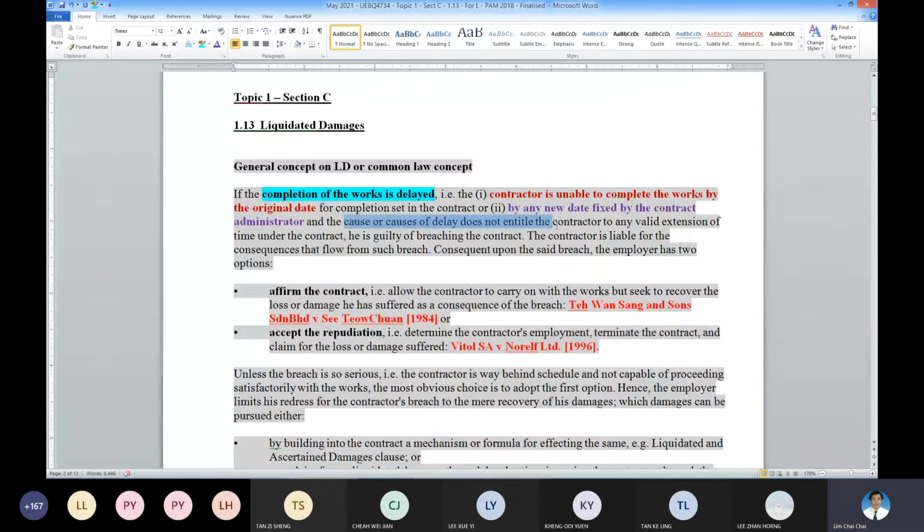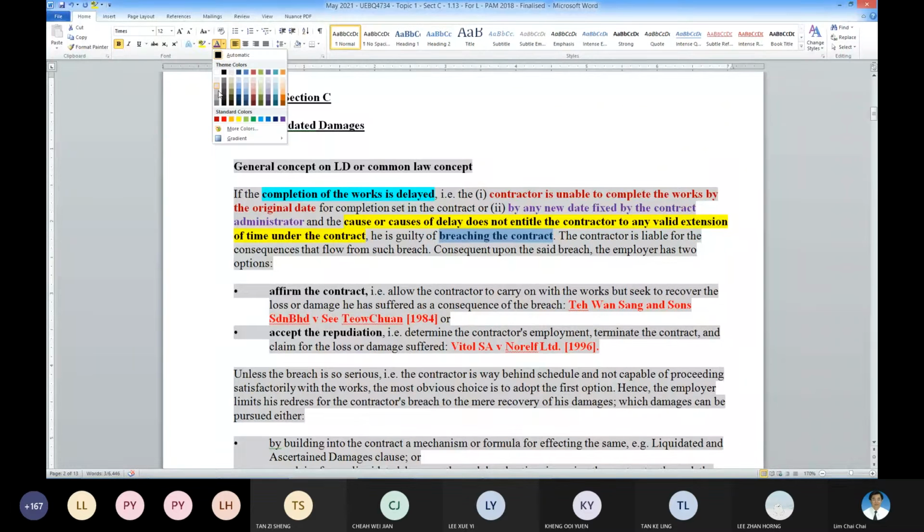Because the contractor does not have ground for a valid extension, then the contractor is in breach of the contract. Then what options are available to the employer?